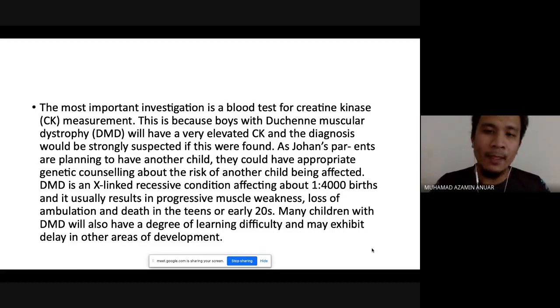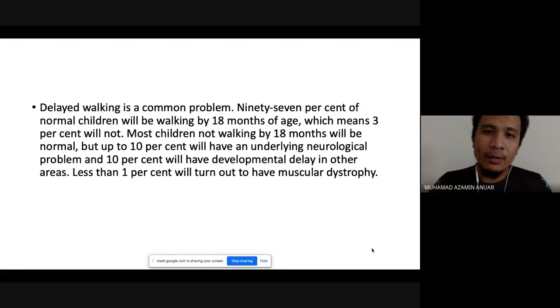So most of the patients with SMA, spinal muscular atrophy, have no learning problems. Their IQ is normal. Most of the children with walking difficulties are just a normal late walker. But you still want to investigate them if they're not walking by 18 months. If they have proximal myopathy, you want to do the CK, and also the muscle biopsies. If they have hypertonia, hyperreflexia, then you want to make sure that you are ruling out CP.